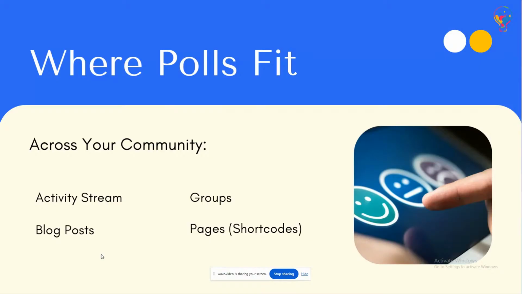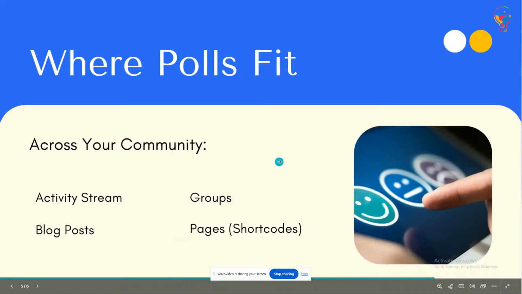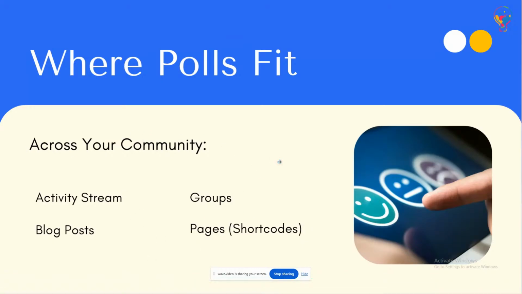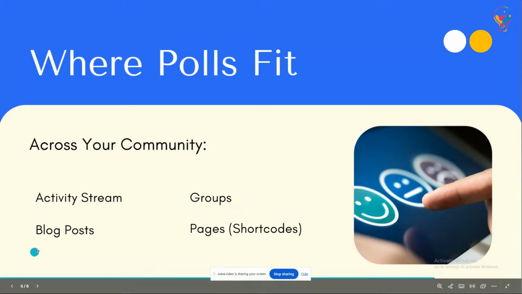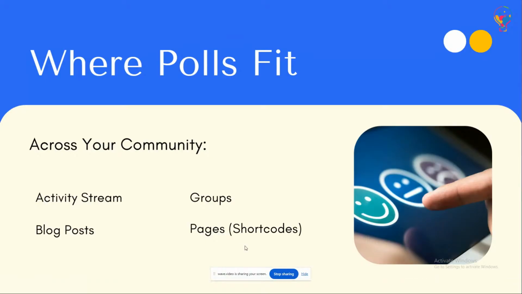And where does the poll fit? If you are going to create the website on WordPress, these are the four major locations where you can have the poll feature. With the help of BuddyPress, you can create the community site, and you can set the poll in the activity stream, the group activity stream, the blog post section, and the pages. You can create a new landing page and have the poll option there.